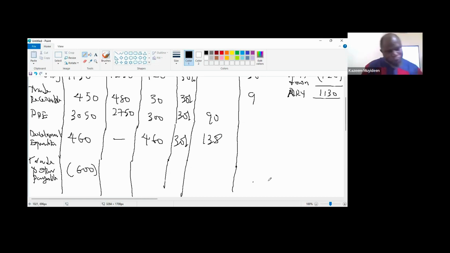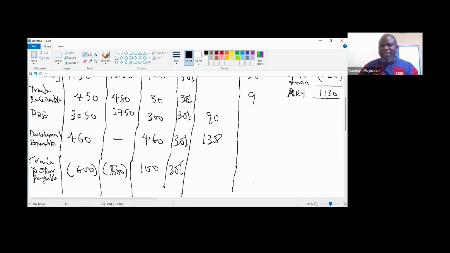That is taxed on cash basis, not everything. You are correct. Anything taxed on cash basis must be nil, but how much is nil here? It's 100, not the whole. So I will say the tax base is 500. The temporary difference will now be 100.